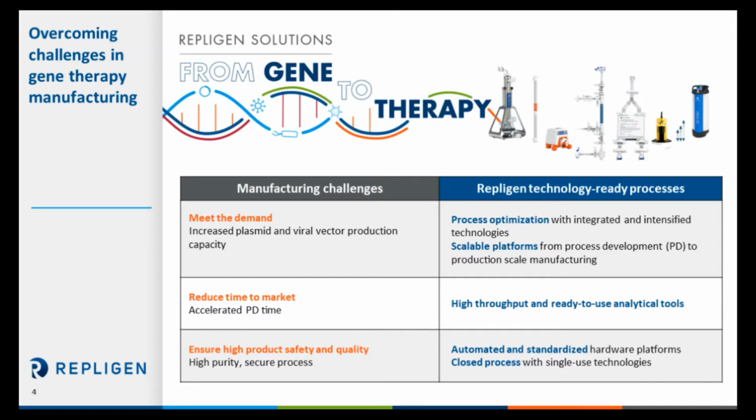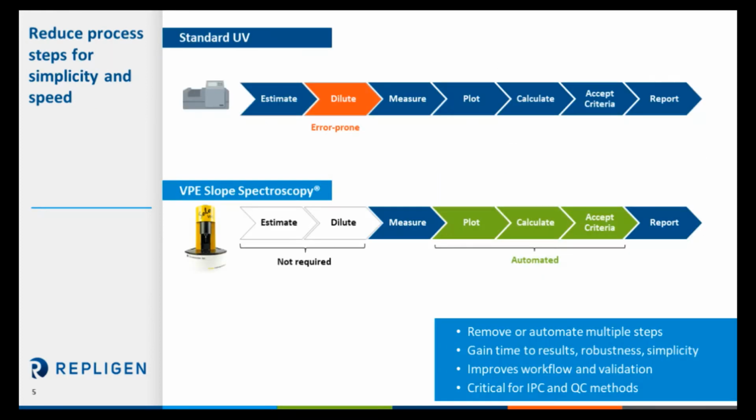So this is not necessarily anything new. But we're certainly going to get into the specifics about what Repligen and C Technologies do to address these particular demands within the industry, and why we believe that we have a better toolbox to address these challenges.